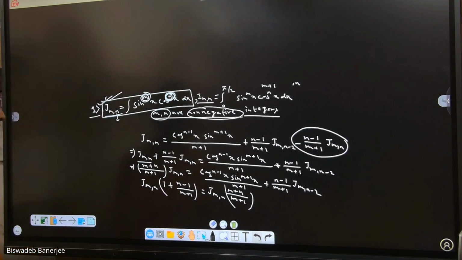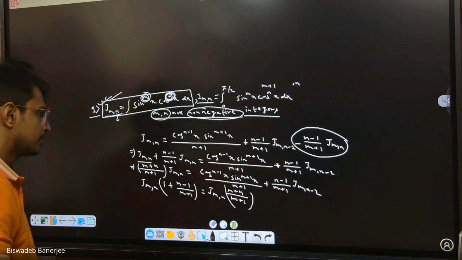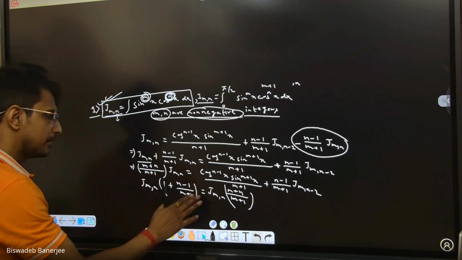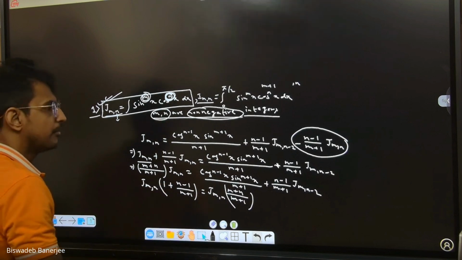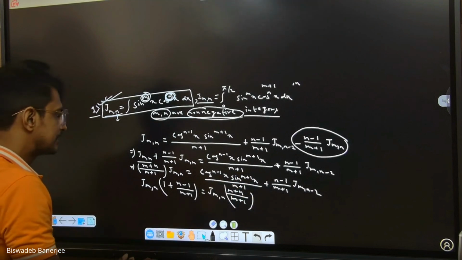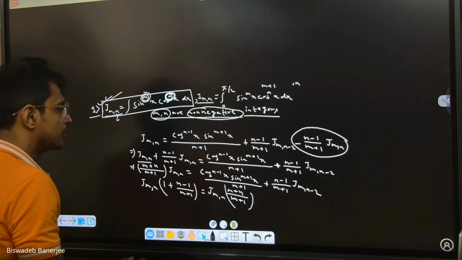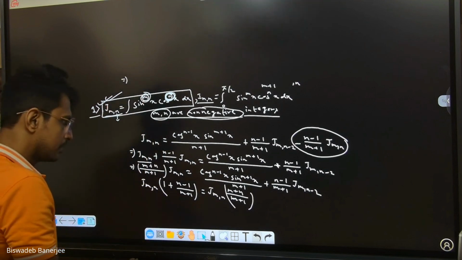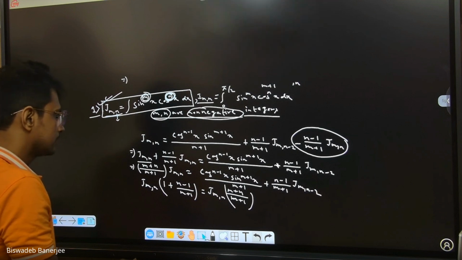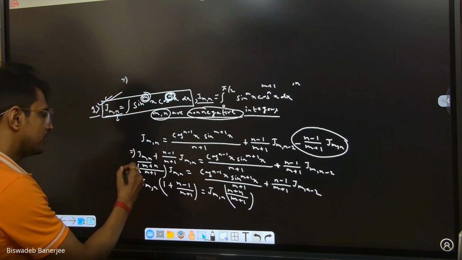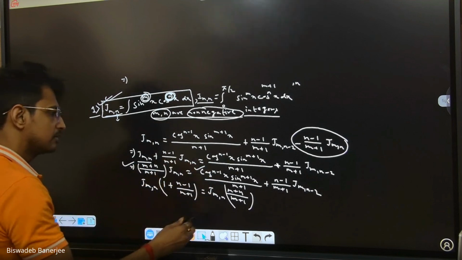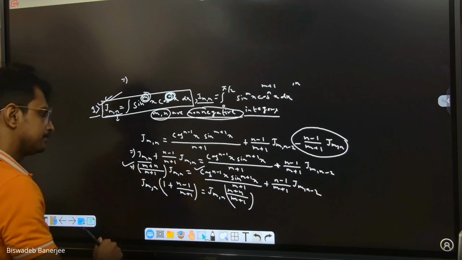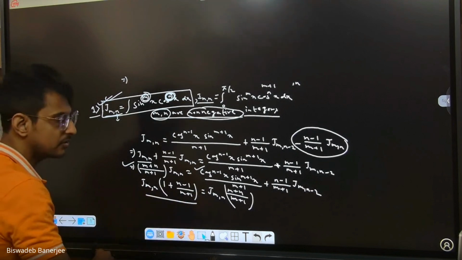So there is my left hand side and there is my right hand side. This is my calculation for the left hand side.